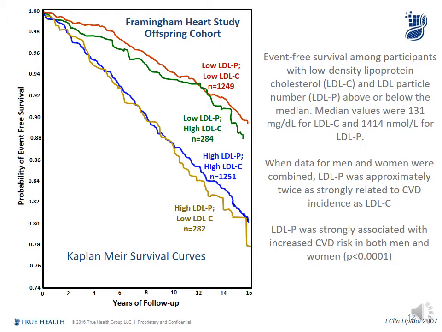Now let's look at the bottom line, the blue and the gold, which have steep slopes, meaning associated with decreased survival. And again, the blue is high LDL cholesterol, so you'd say, of course, they have worse survival. But the gold or yellow line has low LDL cholesterol.